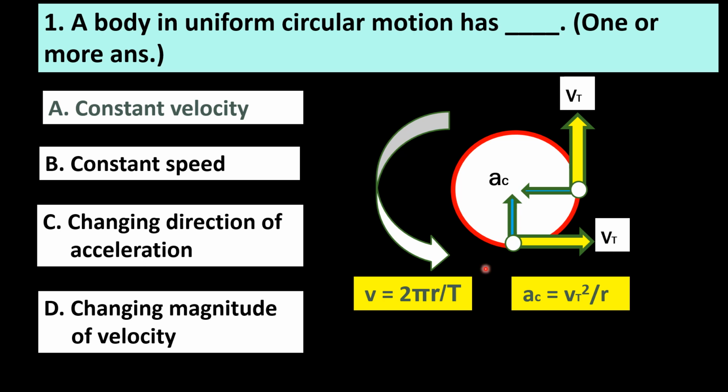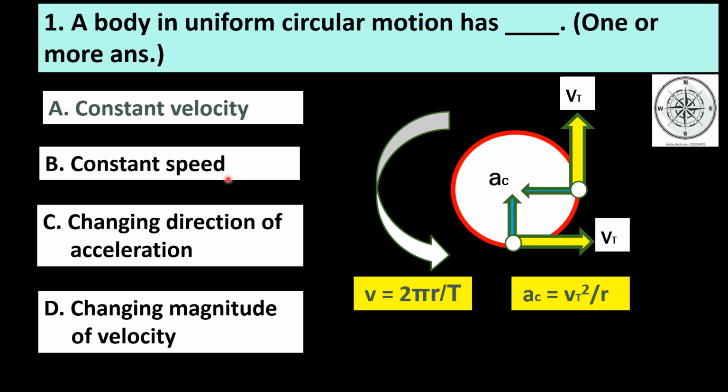For example, here the velocity is directed to the east, in the second position it's now directed north, then possibly when it reaches here, the direction of the tangential velocity will be south, and so on. How about the acceleration? In the first position, the acceleration seems to be directed north, while in this new position, it is directed westward.